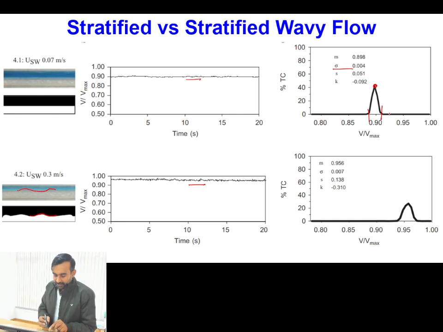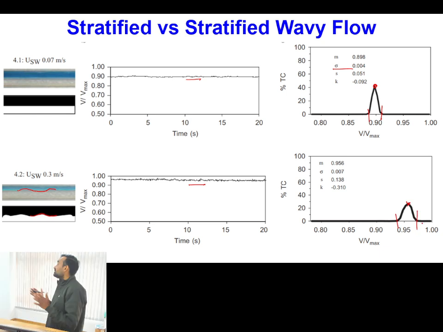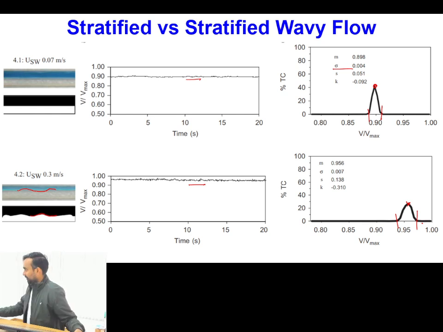On the other hand, when I have a wavy stratified signal, the peak of the signal is less and the standard deviation is large. So if you have a large standard deviation, your flow pattern is changing from smooth stratified to wavy stratified. But if you have a very narrow standard deviation and a large peak in the raw signal, you can say that your flow will be stratified.